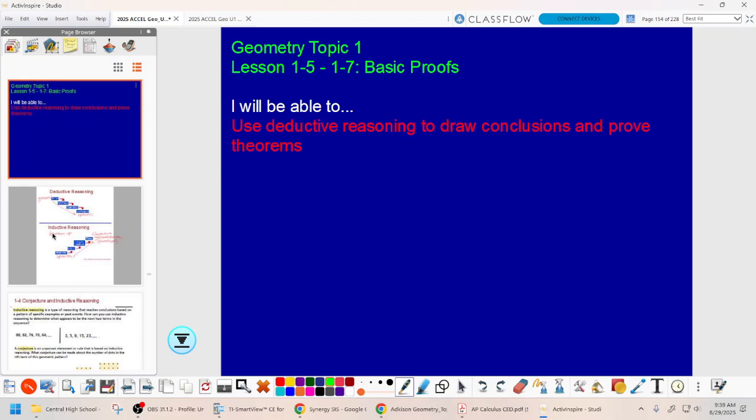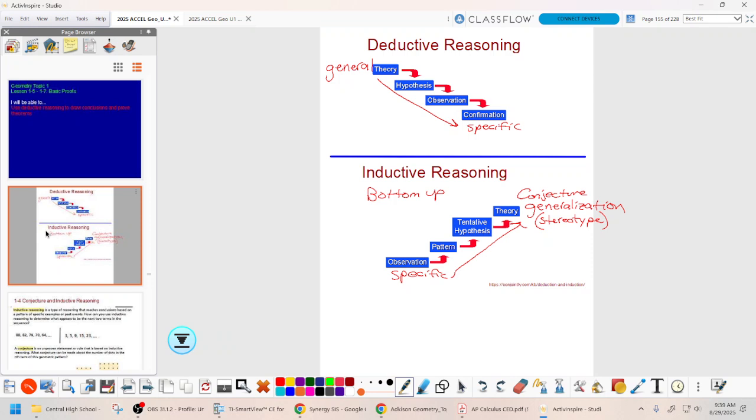And here's what I mean by reasoning. Reasoning means coming to a conclusion based on evidence or based on a flow of logical thinking. And there's two types that we do. Have you heard of deductive reasoning before? How about inductive? These are two ways, and there's another one, but we really only focus on these two.